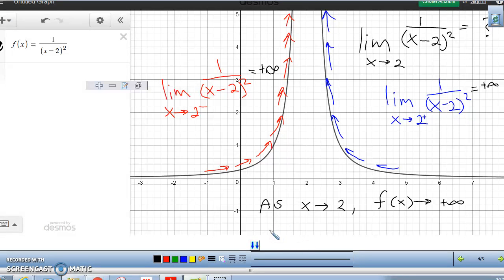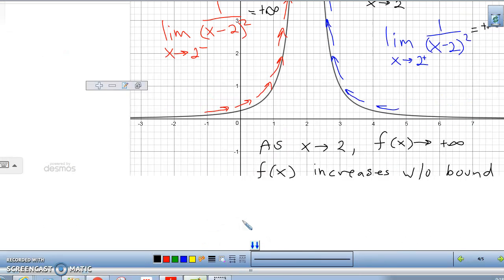So in other words, f of x increases without bound.